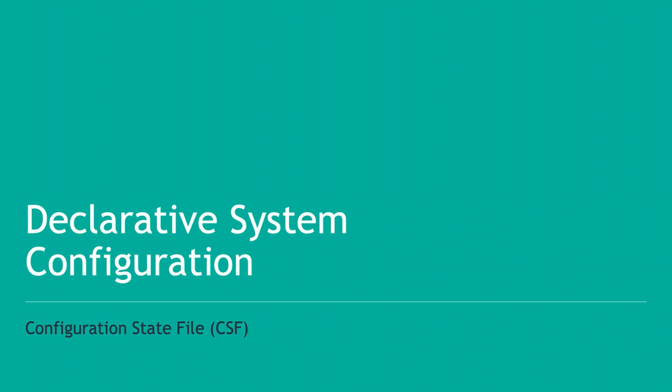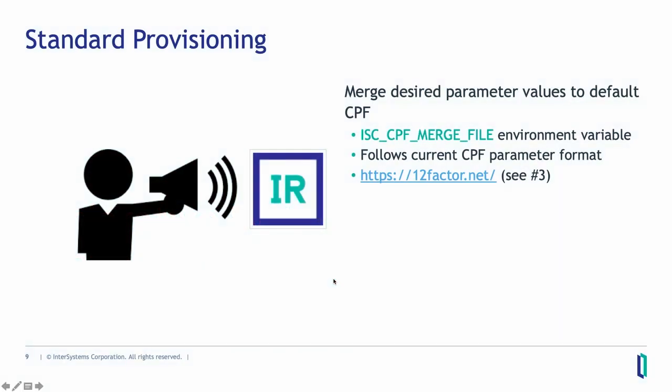The configuration state file, or the CSF, gets us there. So in the age of automated provisioning, having a declarative deployment, not so much opinionated, that's a different thing and kind of a loaded term. But trying to adhere to standard cloud practices, such as the 12-factor app principle, tells us that the configuration should be held within the environment.